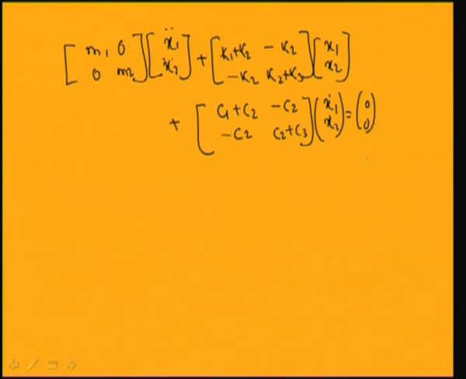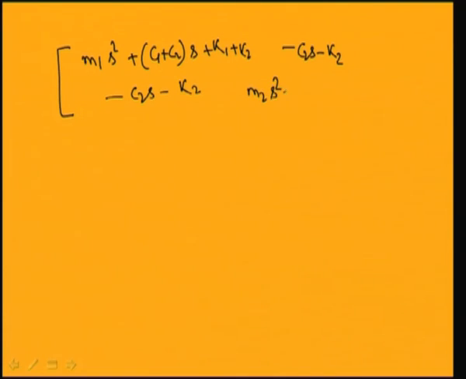So, after getting this equation of motion, you can assume a solution in this form. You can assume x1 equal to a1 e to the power st and x2 equal to a2 e to the power st, and last class we have seen that by substituting these in the original equation of motion, you can reduce it to this form.